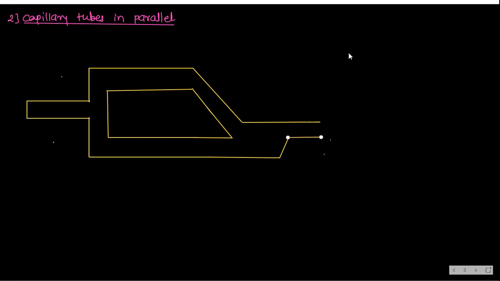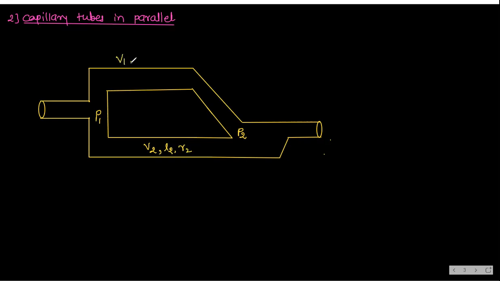You can see the diagram. So here it is pressure P1, here it is P2, and this is P2, length is L2, radius is R2.